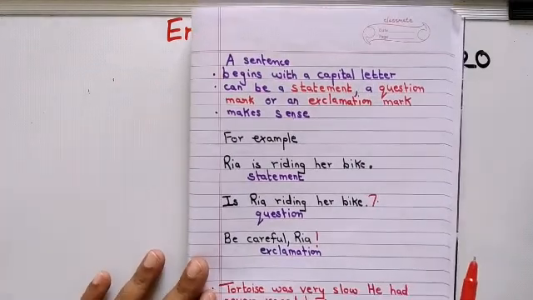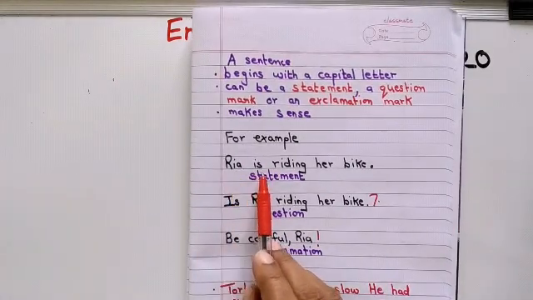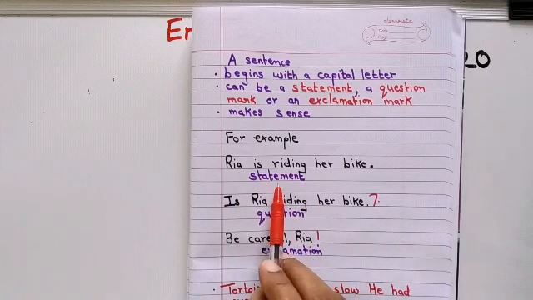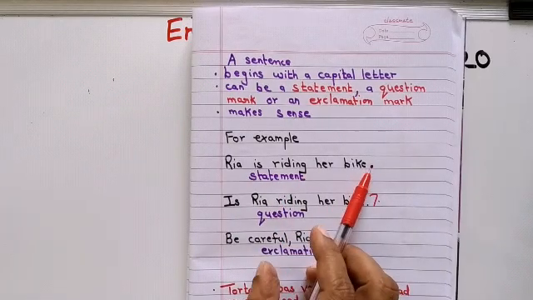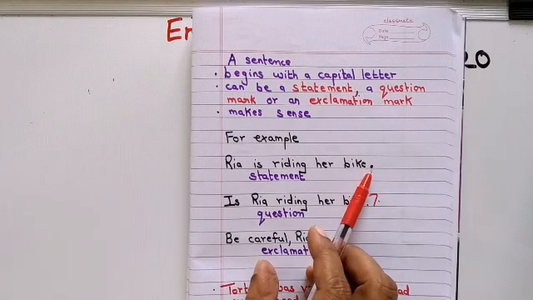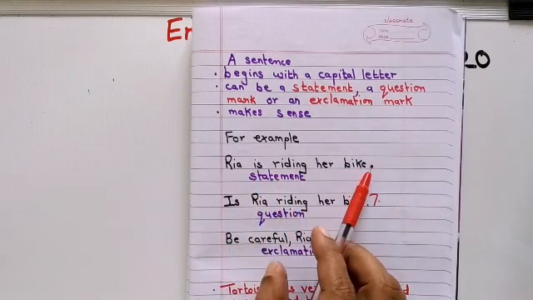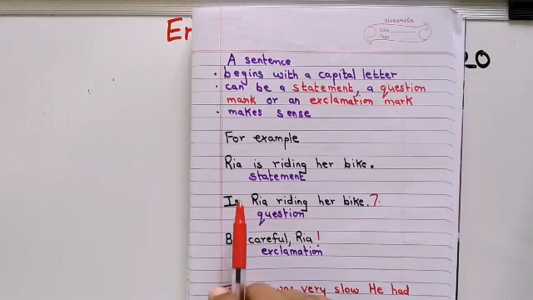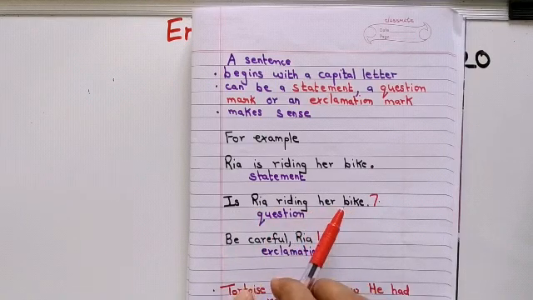Let's take a few examples. Take the first example, children. Riya is riding her bike. Now this is a statement. So what do I put here after the statement? I put a full stop. Now you go to the second one. Is Riya riding her bike?